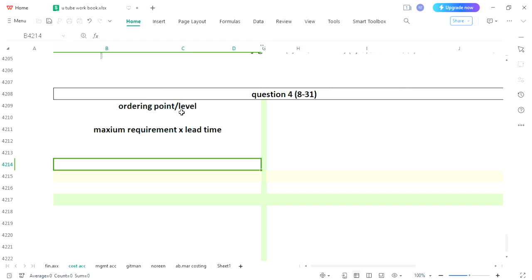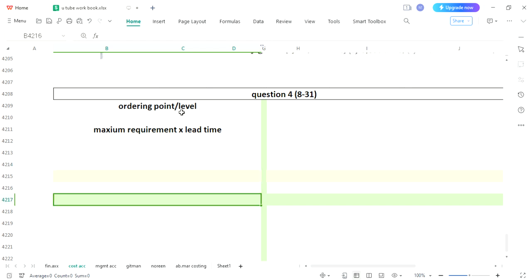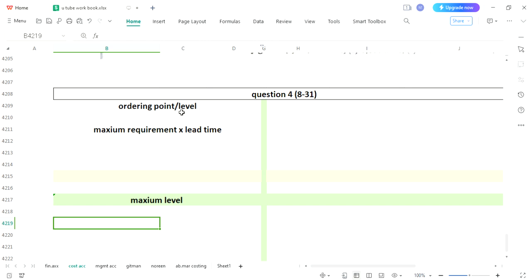Secondly, we will be associated with maximum level, or maximum requirement can also be written, and we will use a formula for calculation of maximum requirement.